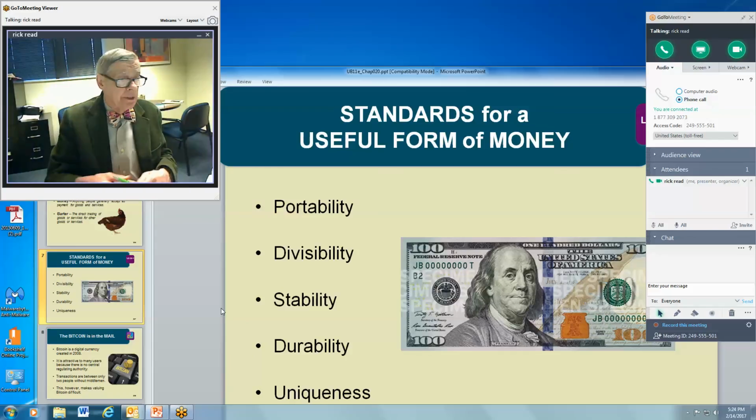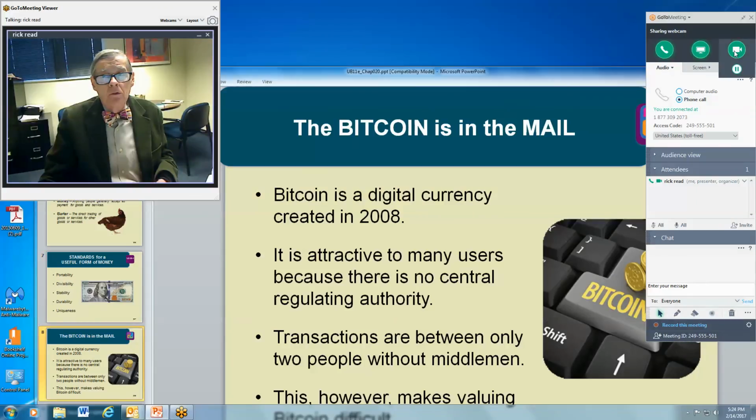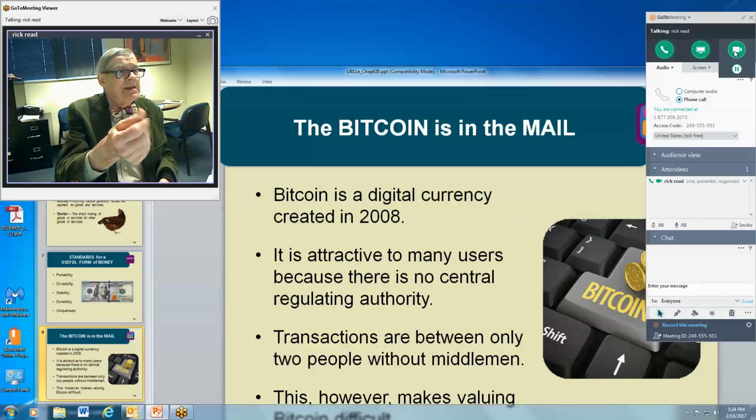We also know that there is a new movement to a digital coin known as Bitcoin. I cannot tell you a whole lot about that, but this is where people are making transactions and nothing tangible exchanges hands.